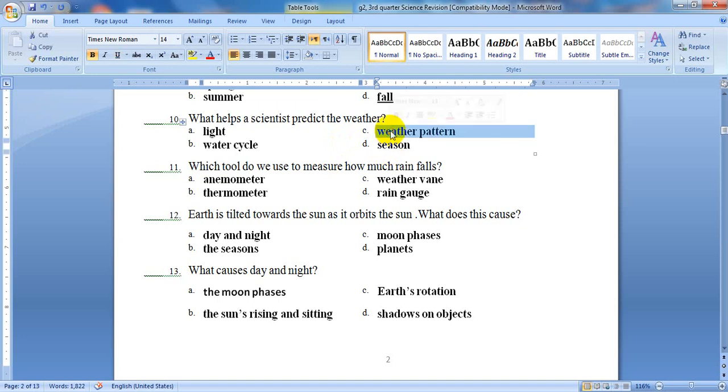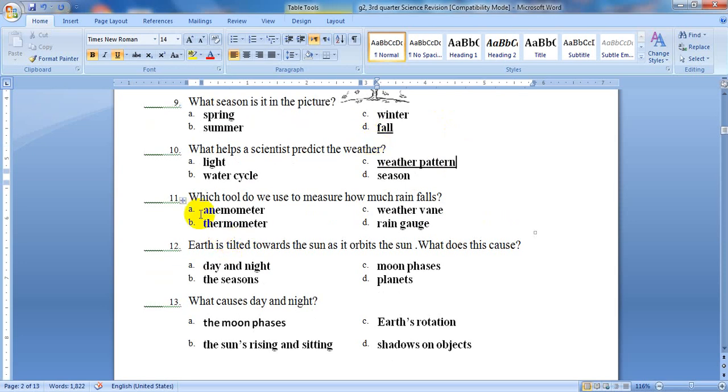Of course, this happens because of weather pattern. And we said that weather pattern means the change that happens in the weather during seasons, which repeats. They change and repeat in the same order. So this helps scientists predict or guess what's gonna happen.